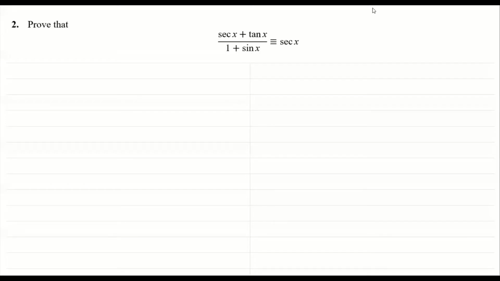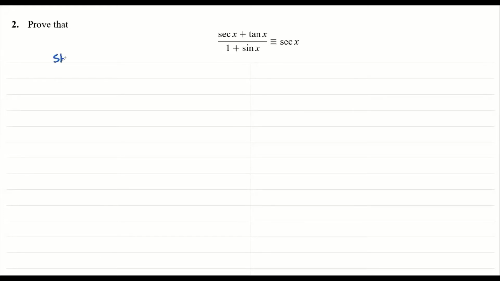Worked example 2, we have another proof, and once again we have the left hand side as the more complex side, and we have to show that that indeed is equal to sec x. Okay, so just as a little note, let's just state that.